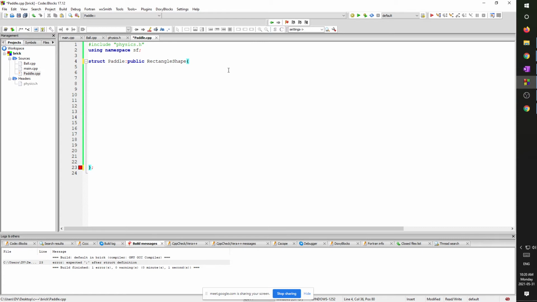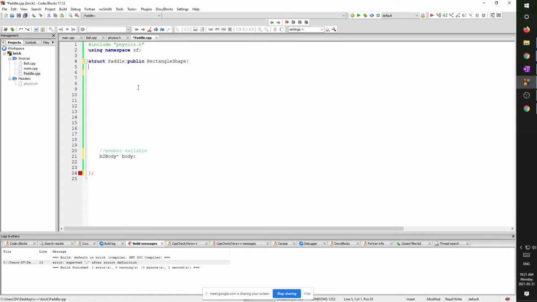I don't think we do, but it doesn't matter. We'll keep it in there anyways. The only member variable we'll really need is this box2d body thing, b2Body star, and then we'll call it body like that. And yeah, I'm happy with that.